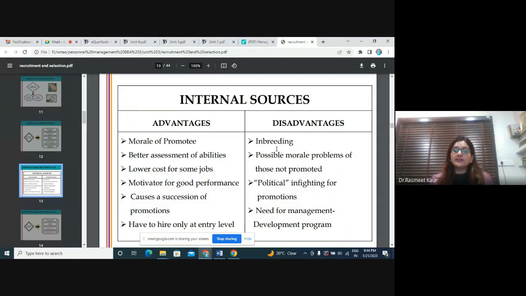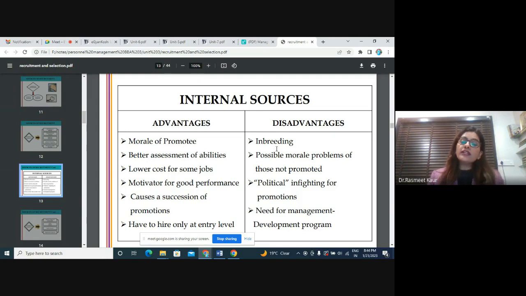So the one who gets promoted, the one who is recruited through internal source, definitely his or her morale is boosted. You are able to do better assessment of ability because you already know a person. It is something where internally you are doing an appointment, so they are not new to you.